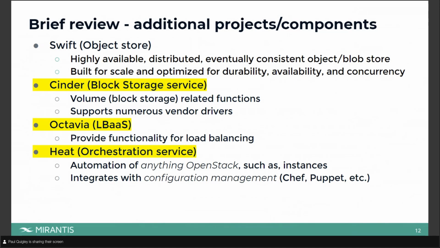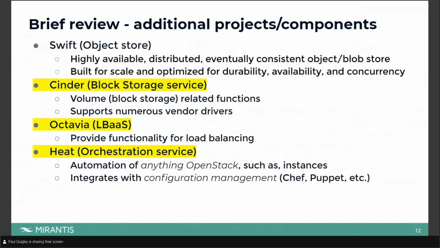I could even go so far as having a Heat template describe a company that I just acquired and create all the users and images and networks and everything that particular company needs in my cloud. Okay, so I can automate the onboarding process and make it a lot easier.